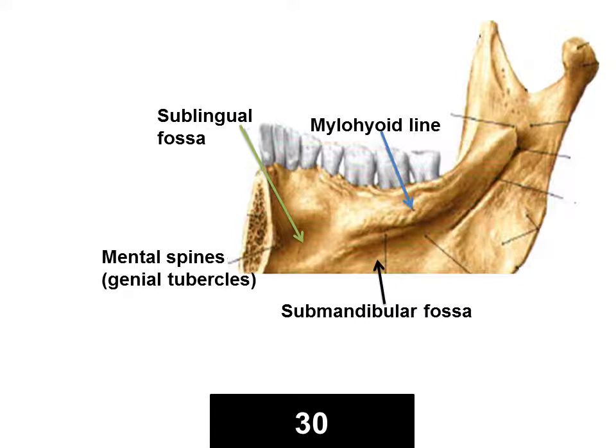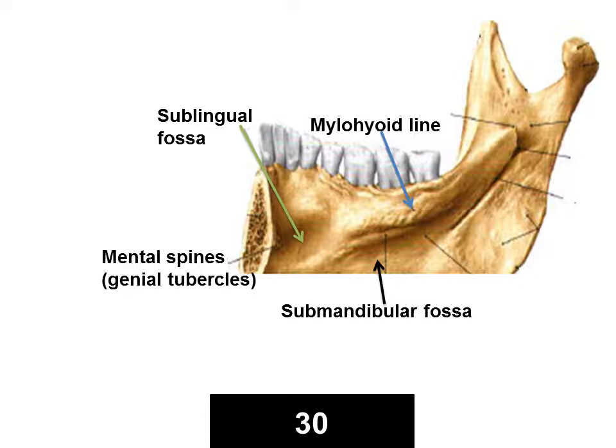Now this line divides the area into an upper and lower fossa. The upper fossa is called sublingual fossa because it is in contact with sublingual gland. The lower is in contact with submandibular gland, so we call it submandibular fossa.